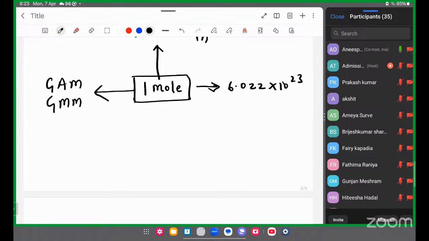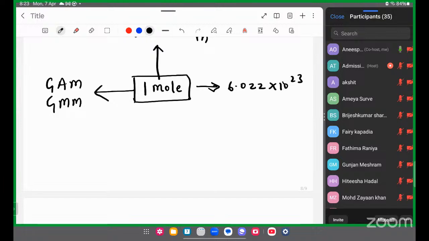What 23? Yes, atomic mass of sodium is what? 23 AMU. And if I say what is the molar mass of sodium, then this will be 23 gram.